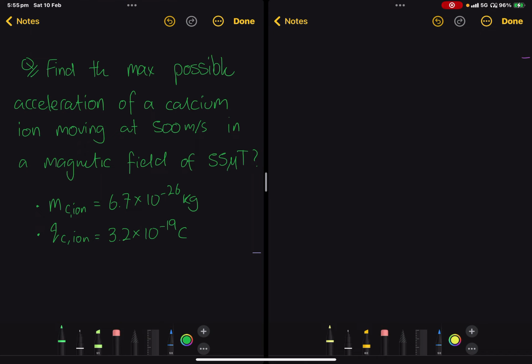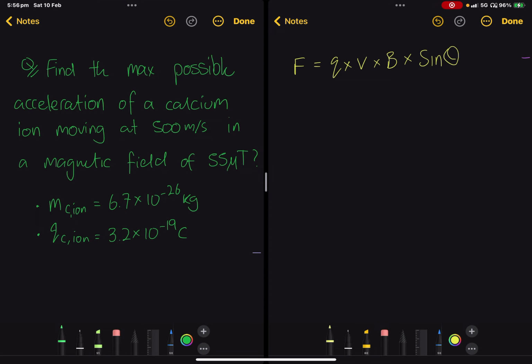All right. So first, we need to identify the formula we're going to use here. So we have a formula linking acceleration and a series of these variables. We know that the force due to a uniform magnetic field is the charge times the velocity times the magnetic field strength times sine of theta, where theta is the angle between the velocity vector and the magnetic field vector.